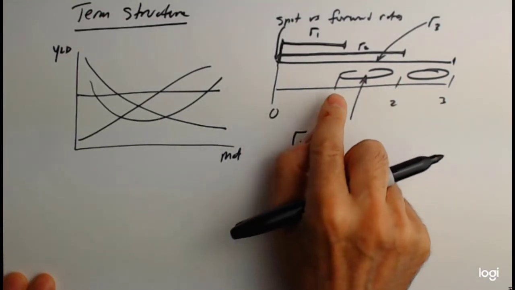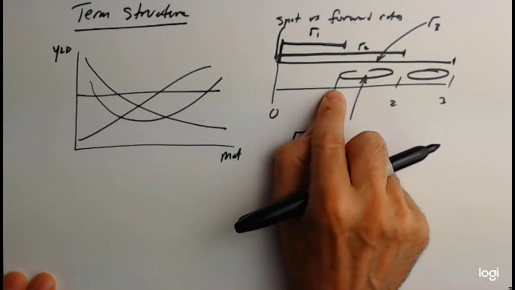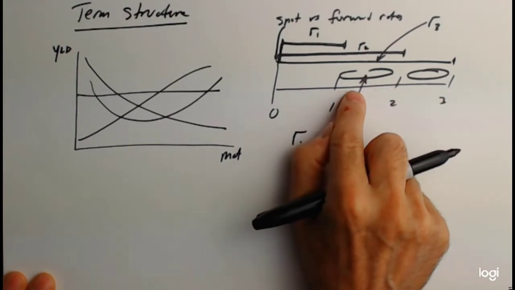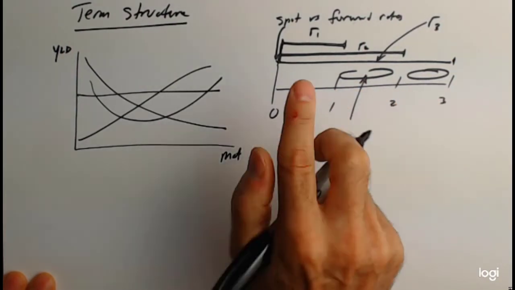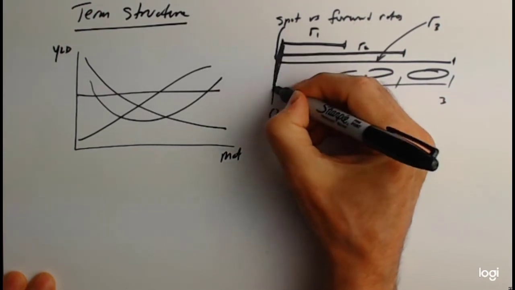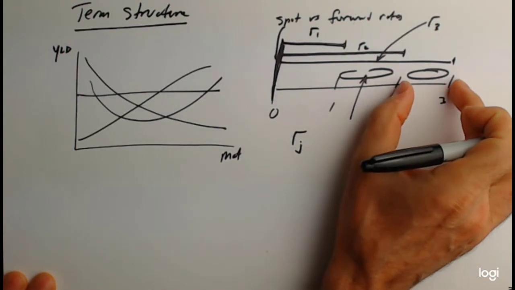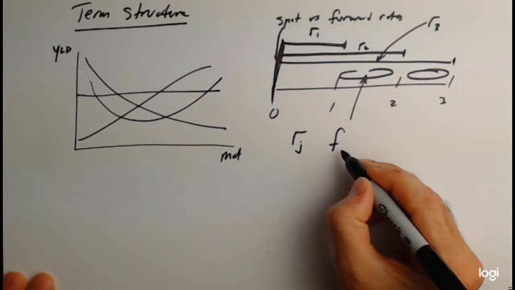So you'd have to fast forward yourself 1 year into the future. And then if you were there at that point in time, you'd have a spot rate for 1 year. And then you could have a spot rate that went 2 years. Well, when you're standing right here, which is where we are today, these are called forward rates. And this is a 1 year forward rate. And so this is how we describe it here.